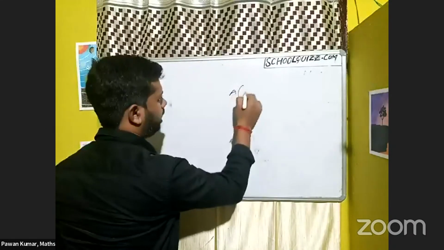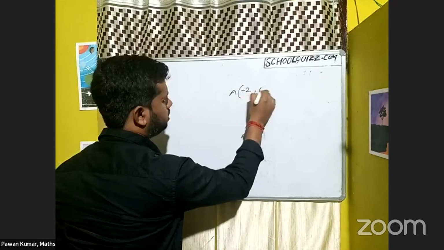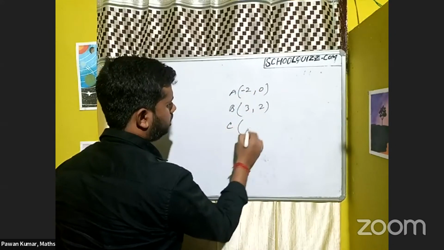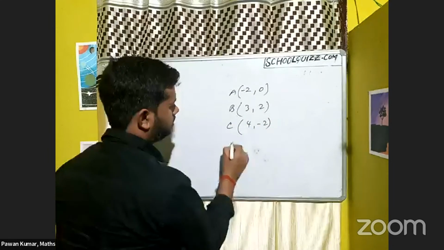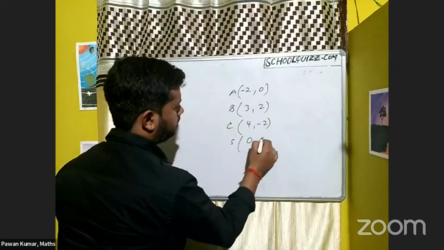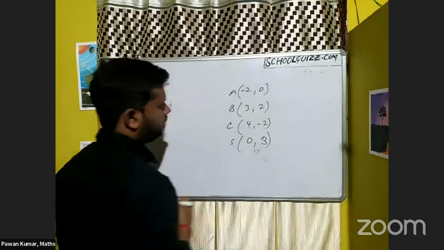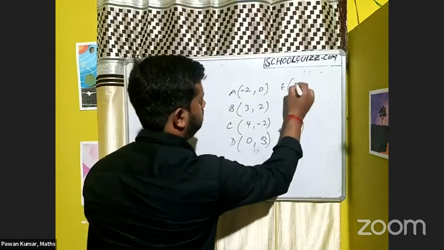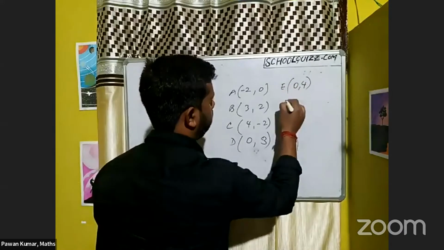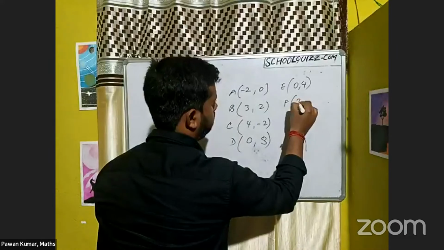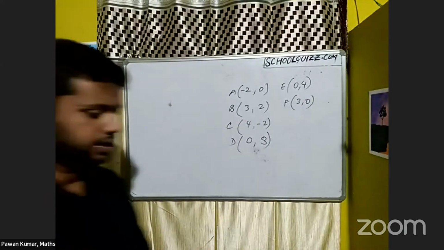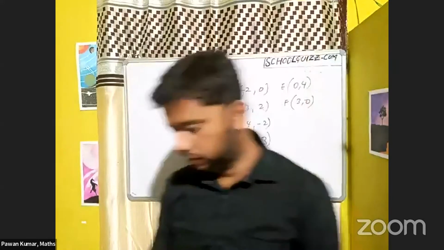Just represent these points on your paper: A (-2, 0), B (3, 2), C (4, -2), D (0, 3), E (0, 4), F (3, 0). Okay, so represent these points once on the coordinate plane. Make it fast.